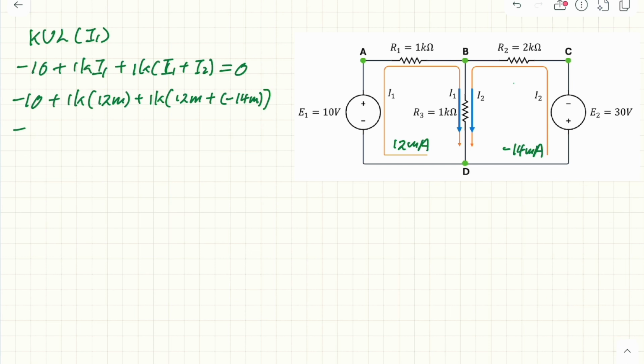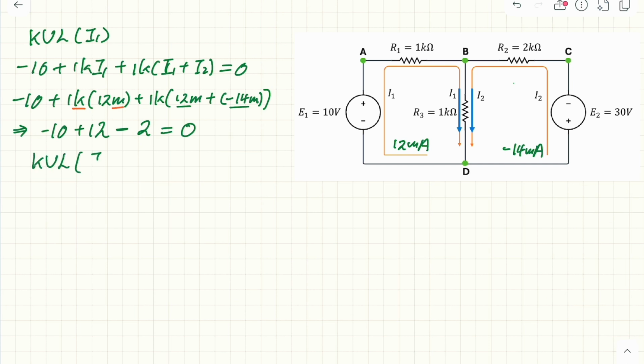And this is minus 10, and this is 12, because again K and M multiply become 1, plus this is positive 12, negative 14, so this is negative 2M, and negative 2M we can say negative 2, and this is equal to 0. So KVL for mesh current I1 is correct.